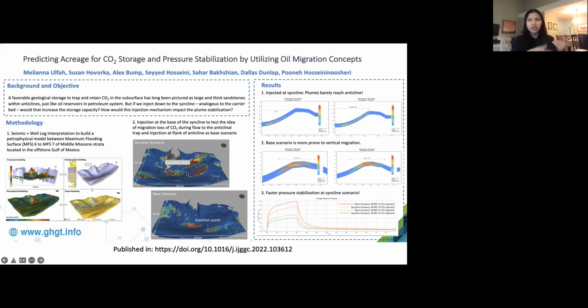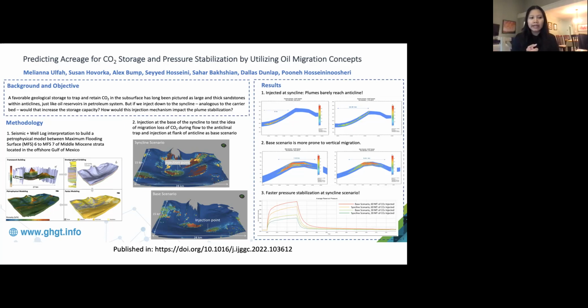Heterogeneous means it's not only composed of sandstone, but also has other kinds of rock, such as shale or laminations of shale or siltstone. But the anticline is mostly just sandstone, so it's more homogeneous, and so it's easier for the CO2 to migrate.